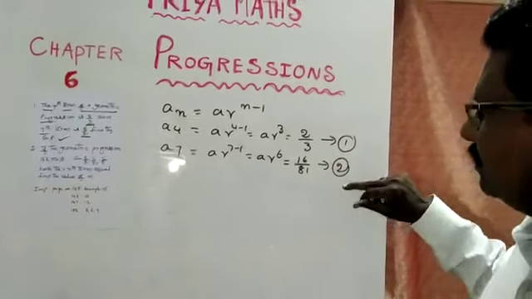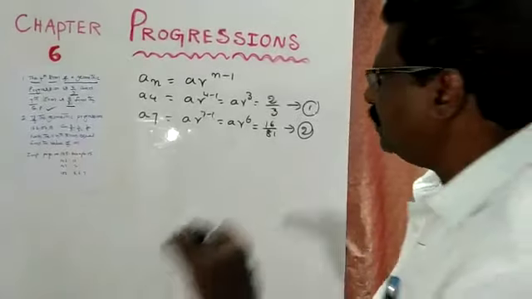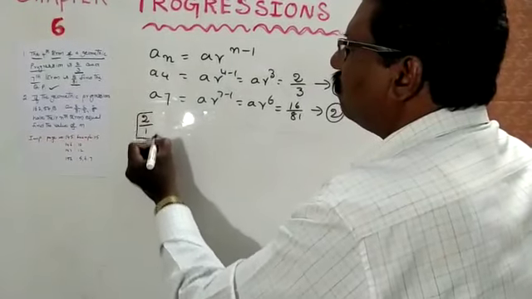Then you have to divide equation 2 by equation 1. So equation 2 by equation 1.